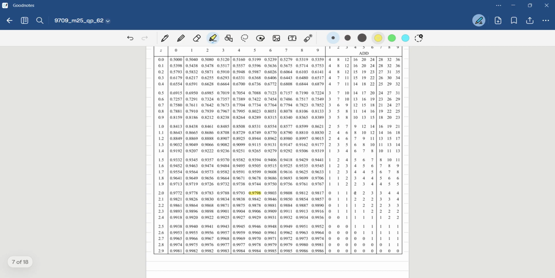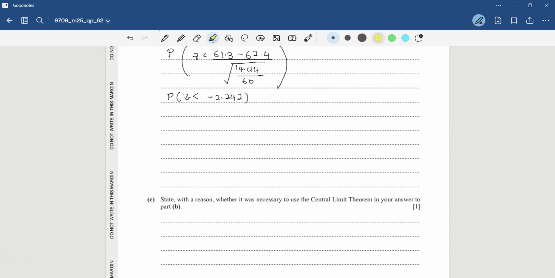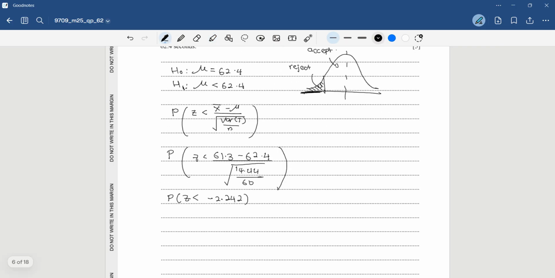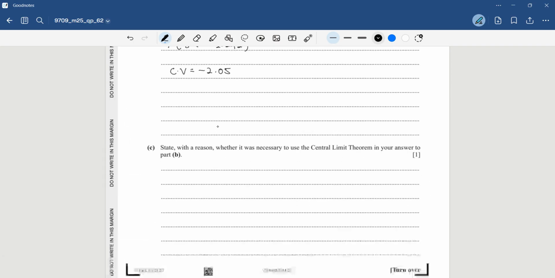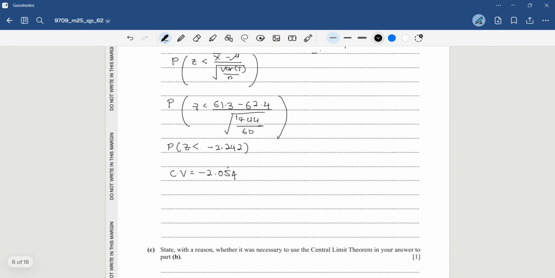So it's going to be 2.054. Okay. So my critical value here will be negative 2.054. Based on my graph on top just now, I just write it this way.